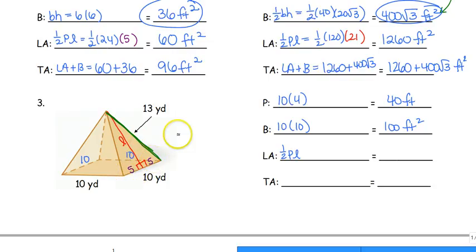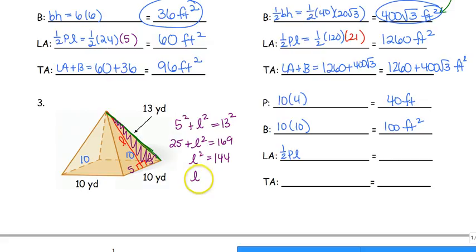So to find our slant height, it's 5 squared plus slant height squared is equal to the hypotenuse of 13 squared. So this is the triangle that I'm doing my Pythagorean theorem with. So we get 25 plus L squared is equal to 169. We move the 25 over, and we find that our slant height is going to be equal to 12.